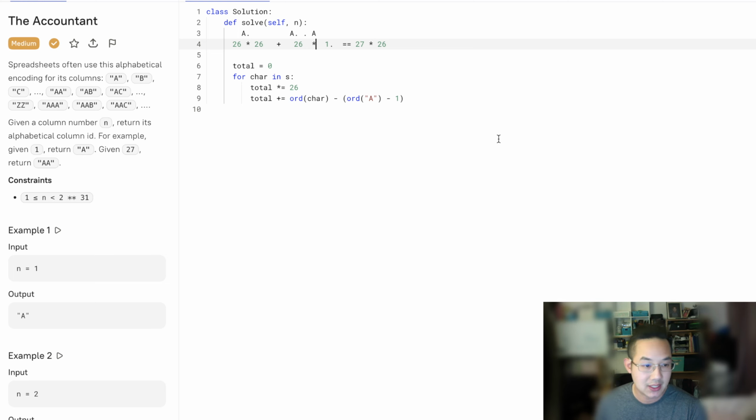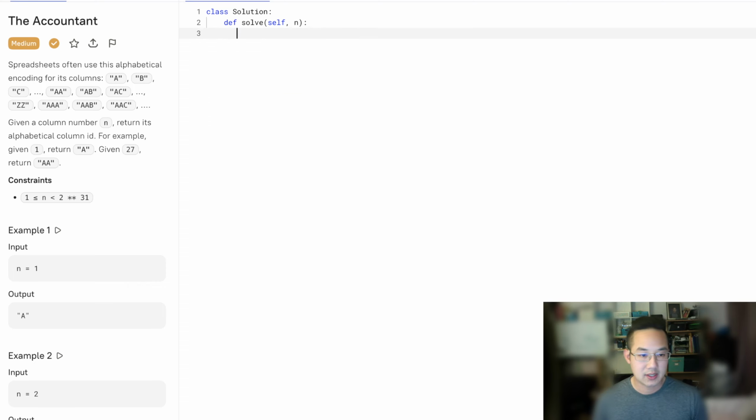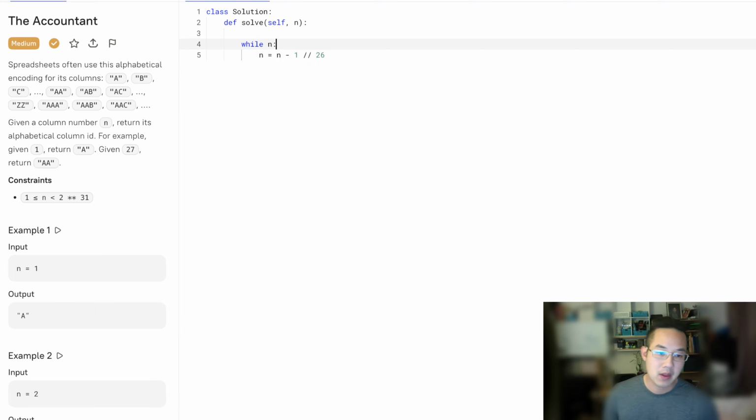So we do this in the opposite order now. We're going into opposite order. So while n is greater than 0, n equals n minus 1 divided by 26.